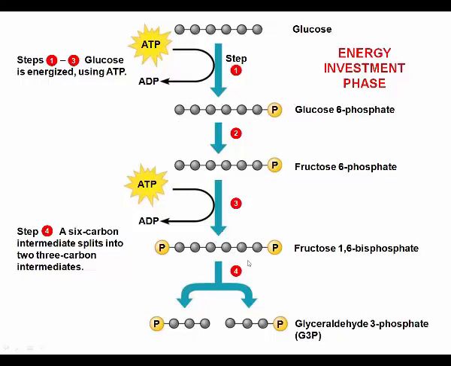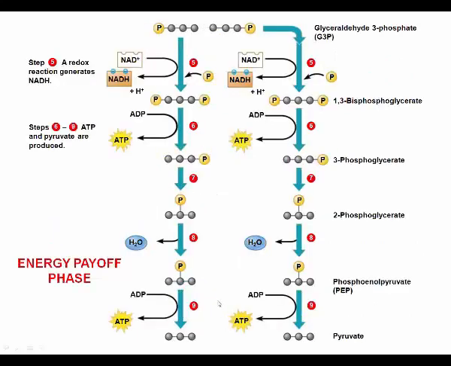So by the end of the energy investment phase, notice that we have put in 2 molecules of ATP, and we've also split glucose into 2 3-carbon molecules called G3P, glyceraldehyde 3-phosphate, but these aren't the end products of glycolysis.